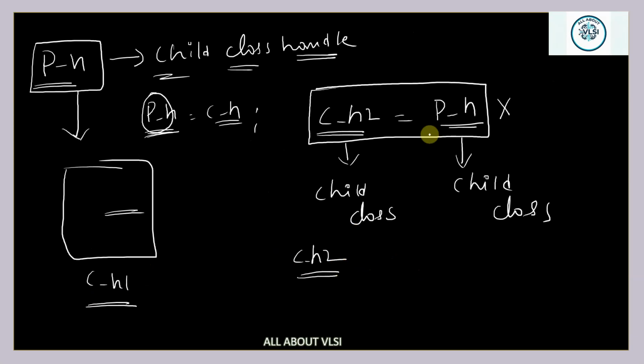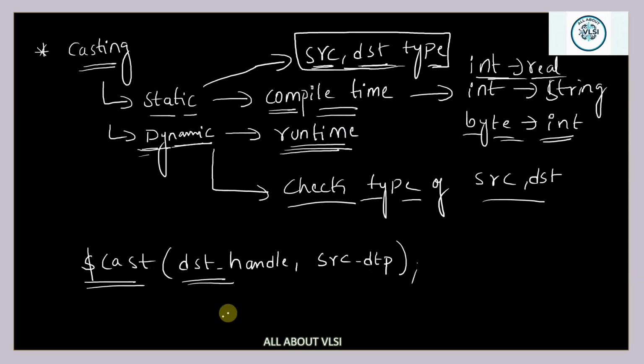You need to use C_h2 and P_h. So you're simply going to write $cast(C_h, P_h).